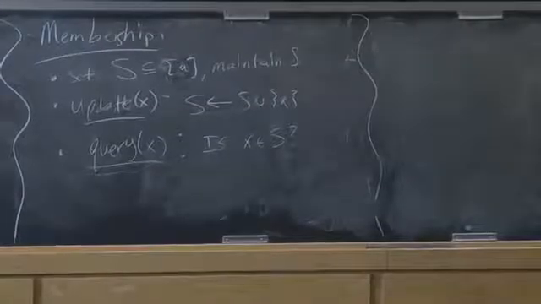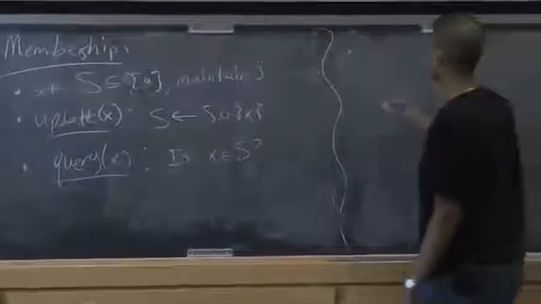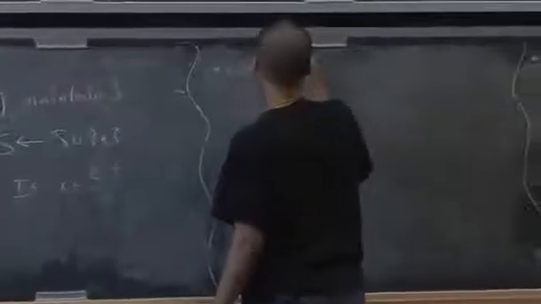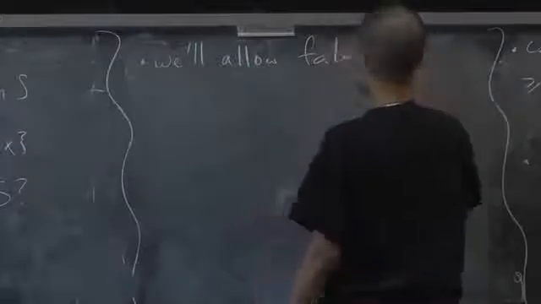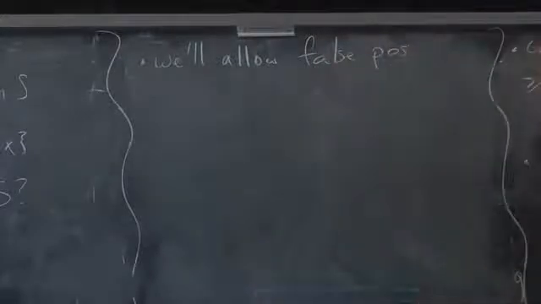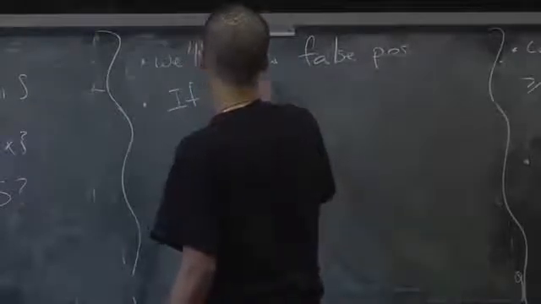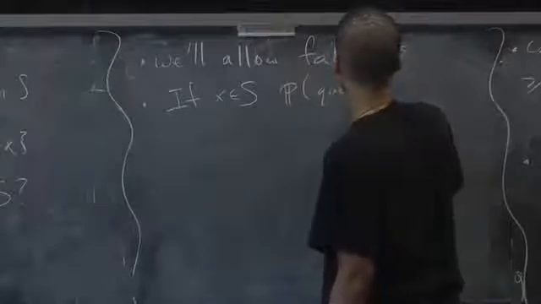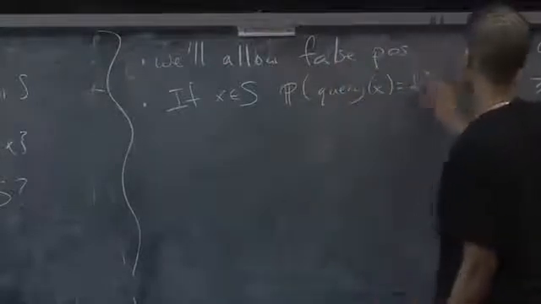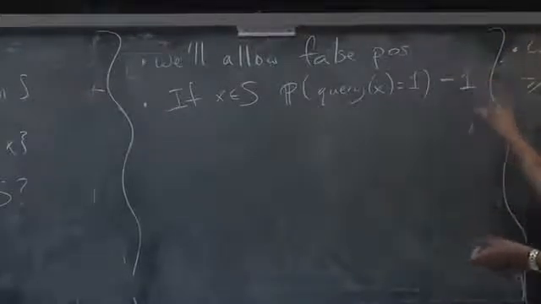Okay, so the basic idea is to allow some slack. So we will allow false positives. What I mean by that is if x is in S, the probability that query of x is 1, meaning the query will say yes, x is in your set, should be 1.